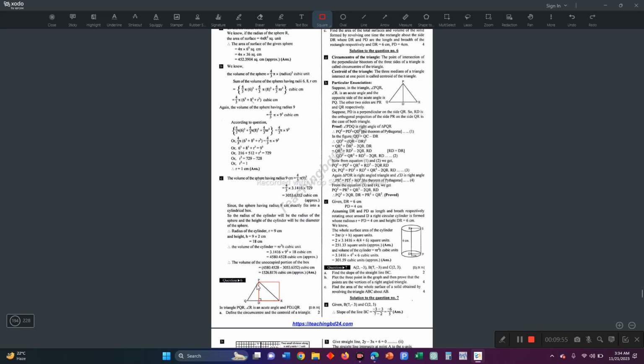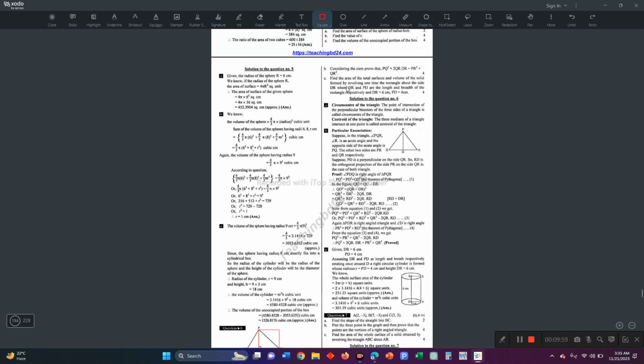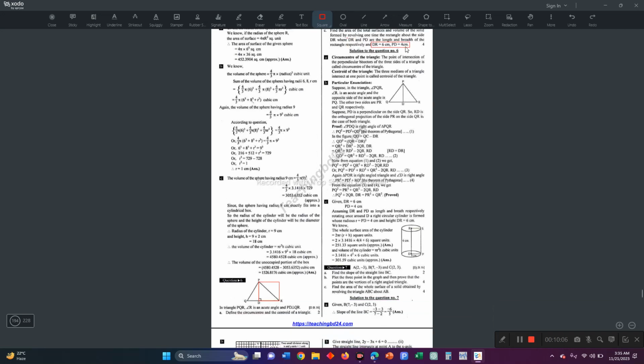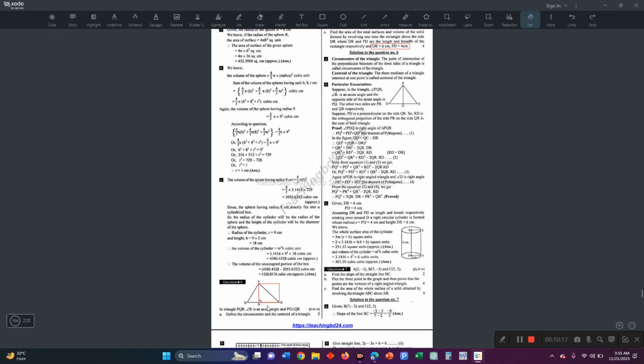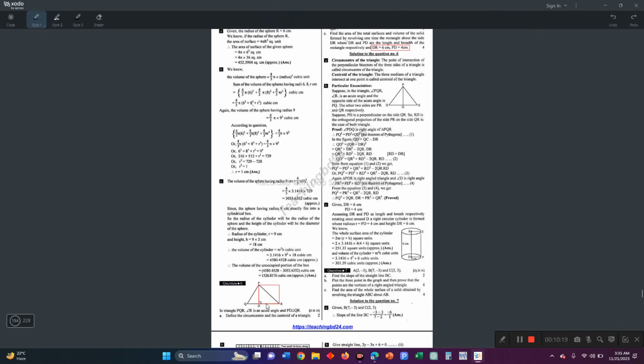Now here they have said that the value of PD is equal to 4 centimeter and the value of DR is equal to 6 centimeter. But the concept is, as this is 6 centimeter and this is 4 centimeter, we cannot revolve it at this position.